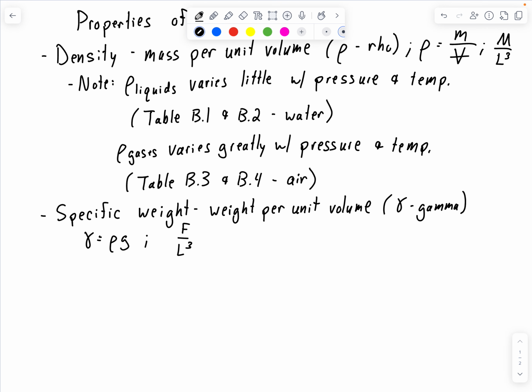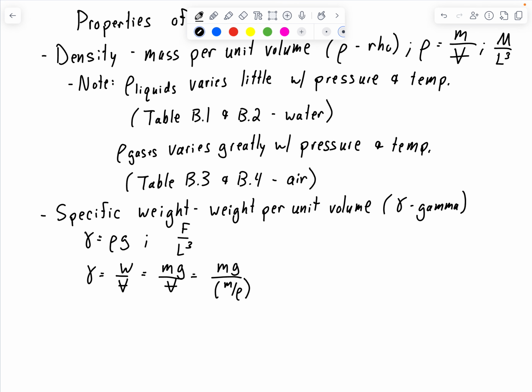Now, how do we get this equation for specific weight being equal to rho g? Well, if we just look at the definition here, we said that gamma, the specific weight, is equal to some weight divided by a volume. Well, weight we can write out as mass times the acceleration of gravity. Volume we have in the denominator, and then we can rewrite volume using the equation for density as mass divided by density here.